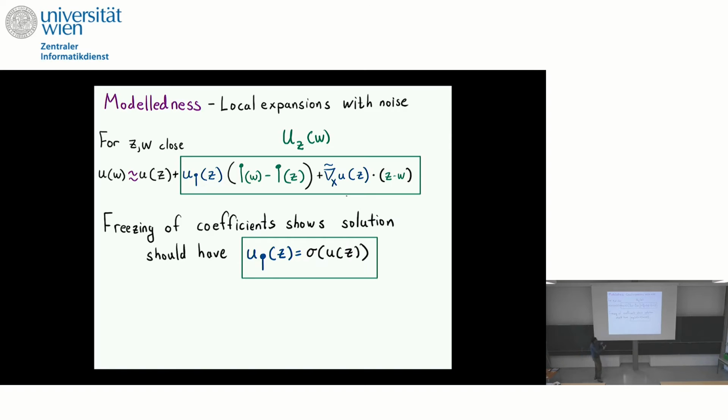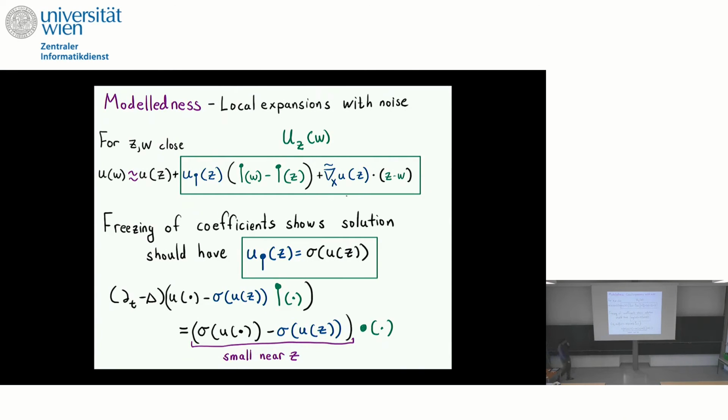And an argument where you freeze coefficients tells you that the thing multiplying the lollipop should be what multiplies the noise in the equation. The argument goes by so-called freezing of coefficients, which is that if I think the right-hand side was too rough and I want to approximate it locally in order to deal with that roughness, then the natural thing to subtract here is sigma of u of z, the sigma of u evaluated at the base point.